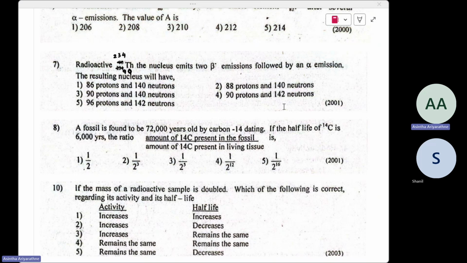half-life is given as 6,000. So this is 72,000 years old.